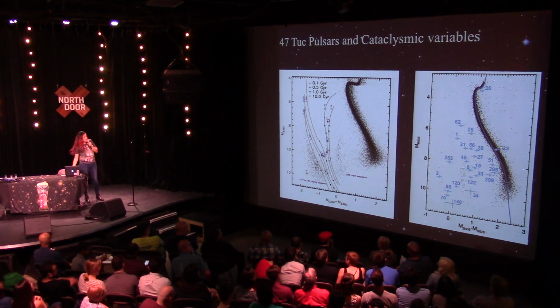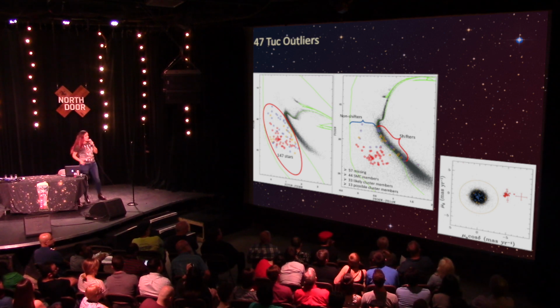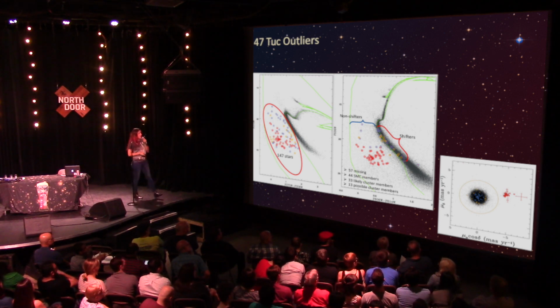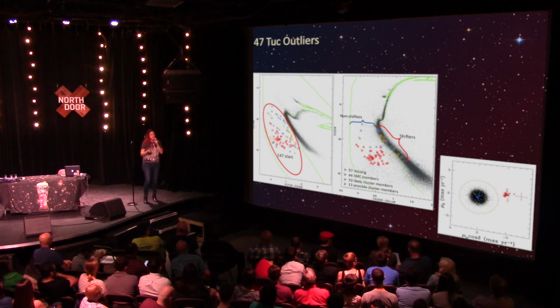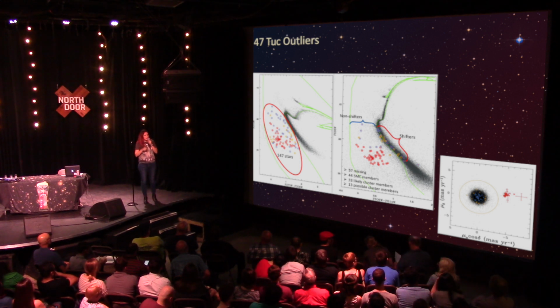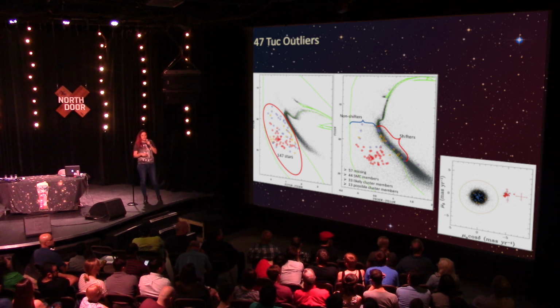Okay, so the first thing you can think is, maybe they are not from the cluster. But we have a technique that we use called proper motion, where we analyze the movement of the stars, and all the stars that move with the bulk movement of the cluster belong to the cluster, while the other ones do not.